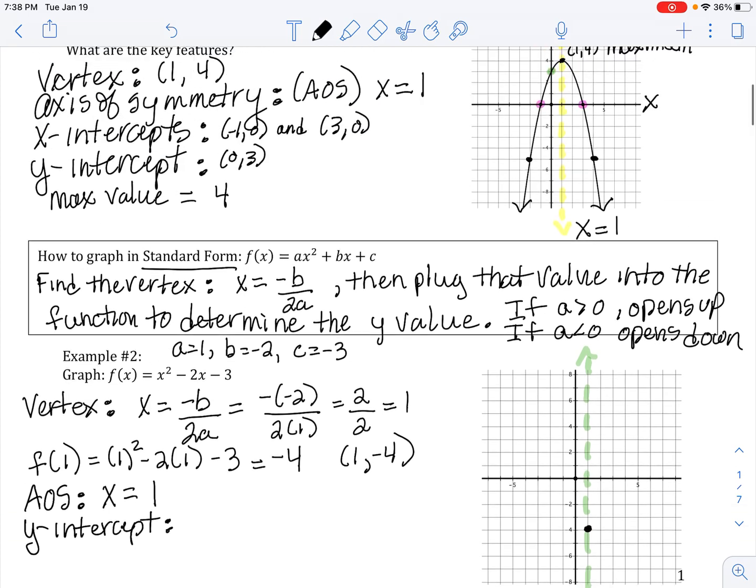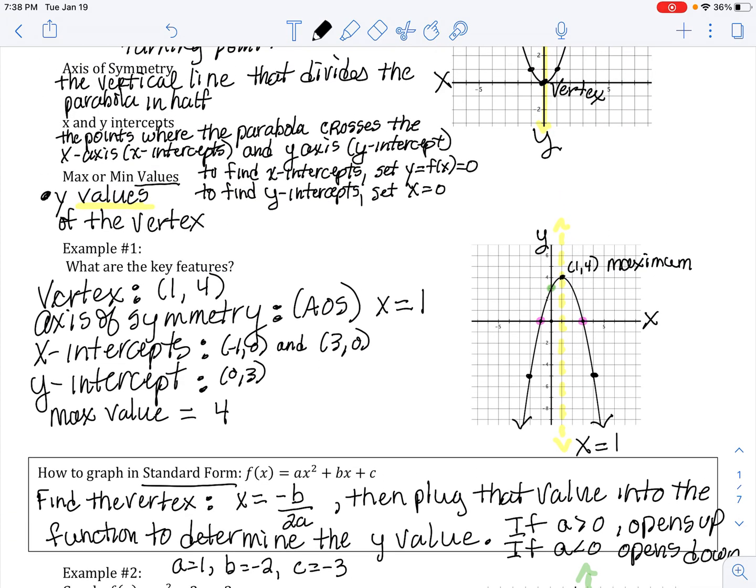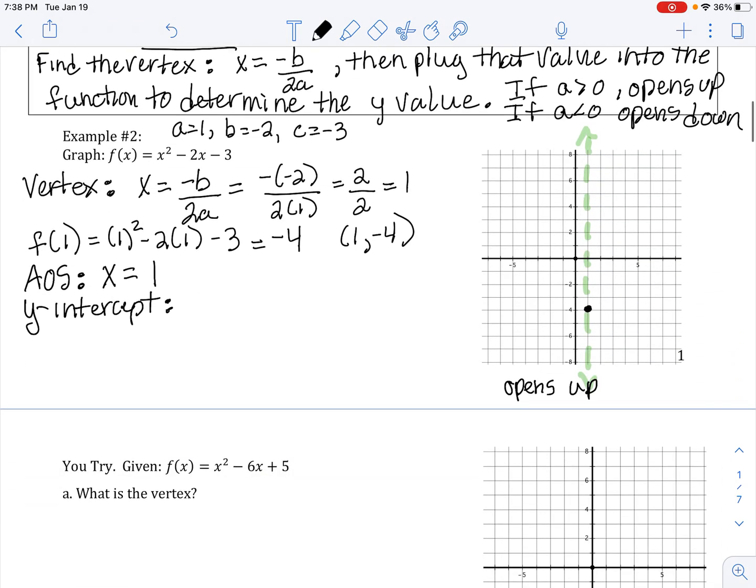To find the y-intercept, it says right up here, to find the y-intercept, set x equal to 0. So that means I'm going to go to my equation, and I'm going to plug in 0 for x. So essentially that means I am finding f of 0. So that's 0 squared minus 2 times 0 minus 3.